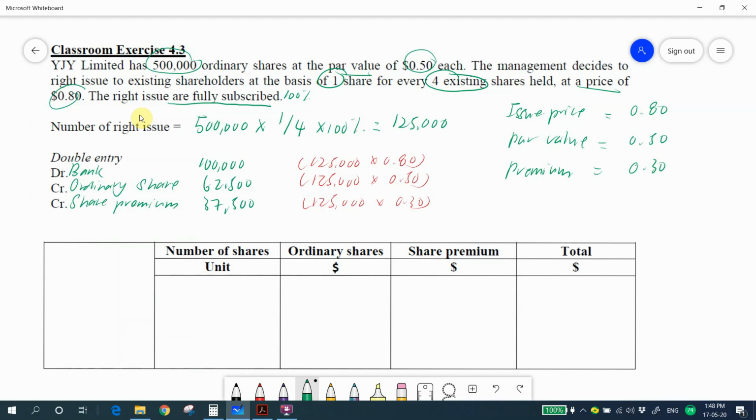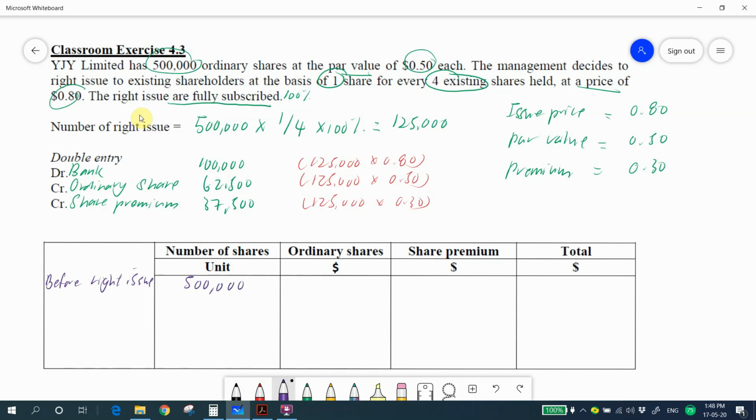Next, I'm going to share with you the changes before and after the rights issues. We start from before the rights issues. Before the rights issues, the company has 500,000 shares.